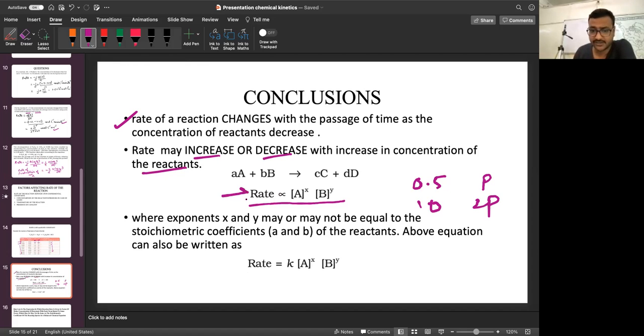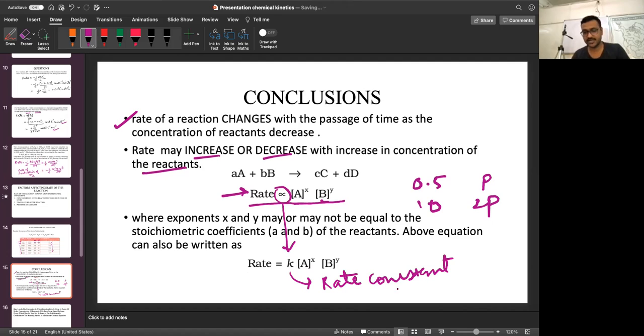We can correlate rate with the concentration of the reactants, as we have concluded that the rate of the reaction is concentration dependent on the reactant. Okay, to remove this proportionality, we have to introduce a constant.